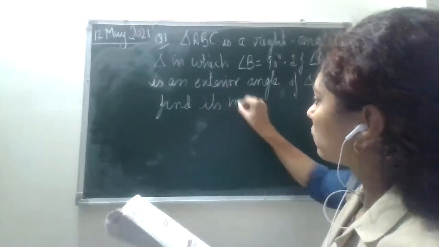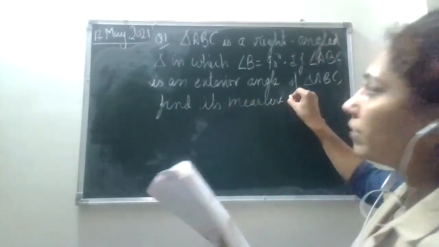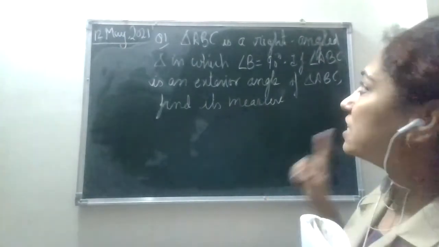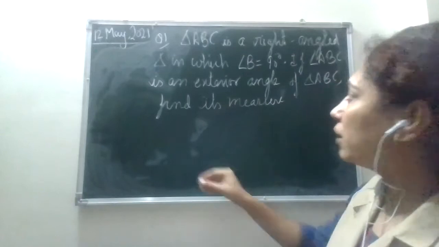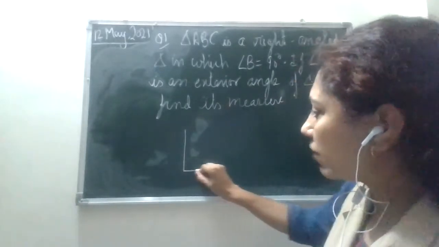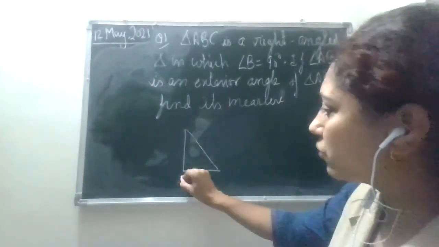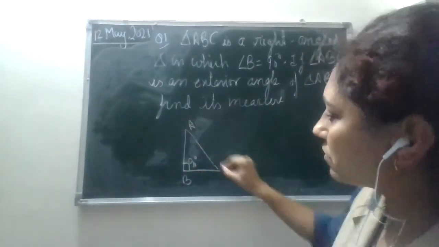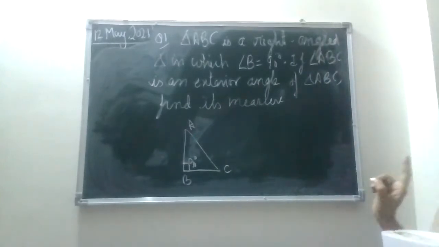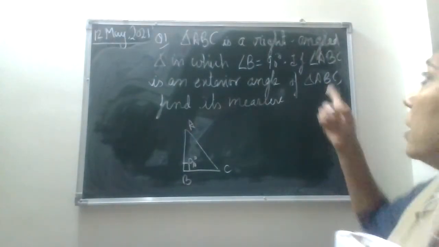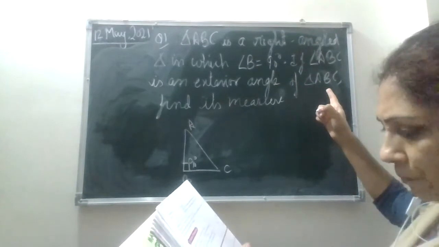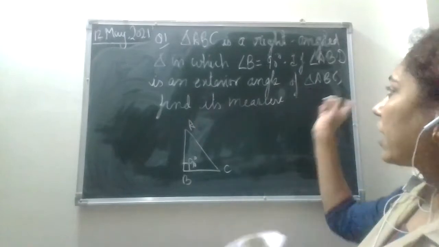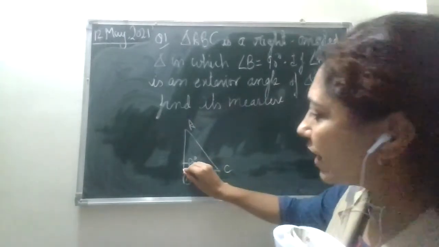Very simple question. We will read it very carefully. Triangle ABC is a right angle triangle in which angle B is equal to 90 degrees. So that is for sure: B is your 90 degree angle, and this is A, this is C. Now, angle ABD is an exterior angle of triangle ABC, find its measure.